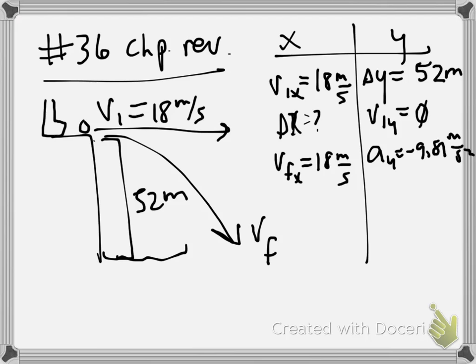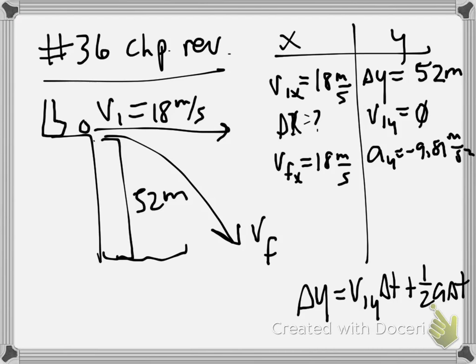Okay, so here we've got VIY, delta y, and acceleration. Can we do this? Delta y equals VIY delta t plus 1/2 A delta t squared. Yes, we can. That goes away. This is all on the y-axis.